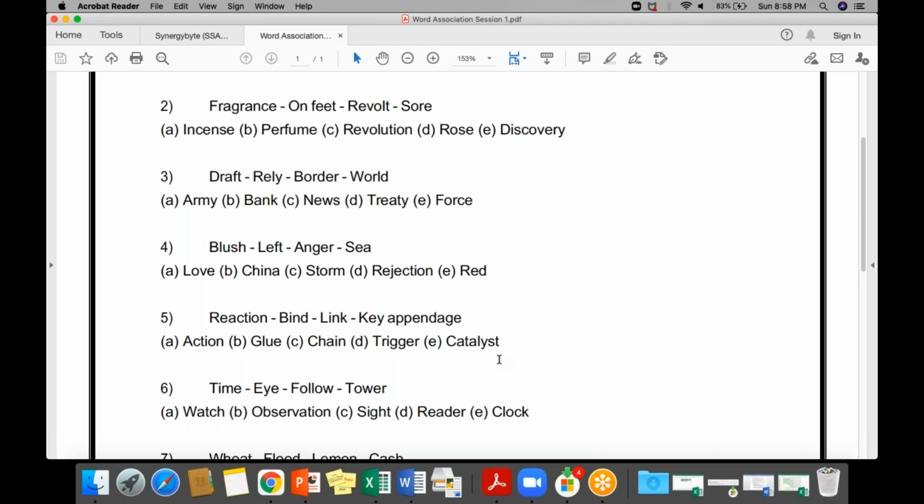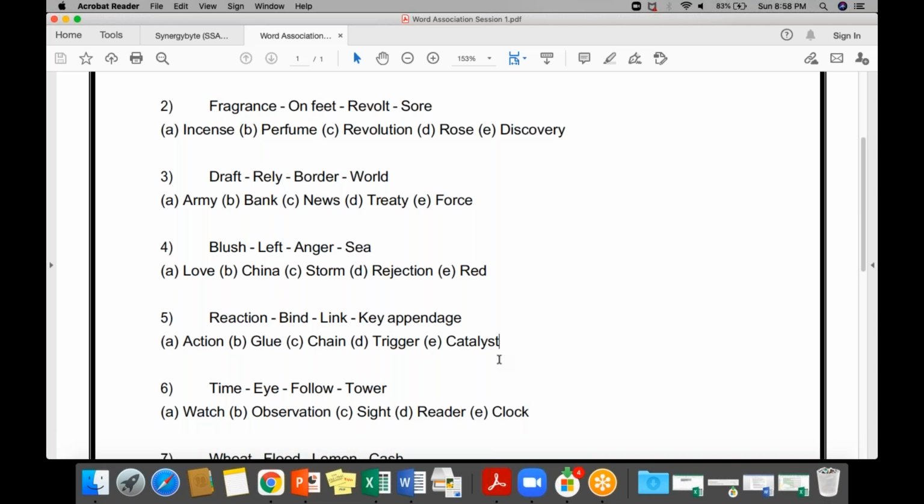Chain is my correct answer, because I cannot link catalyst with bind, but I can link chain with key appendage. Chain can be a part of something. Key appendage means something which is an important part of something, and a chain could be a part of something. But I cannot link the word catalyst with the word bind or link.